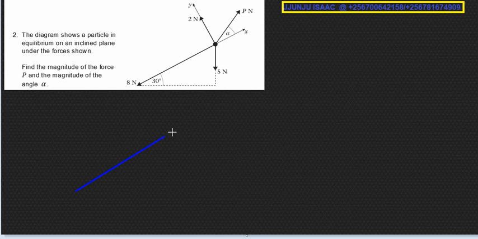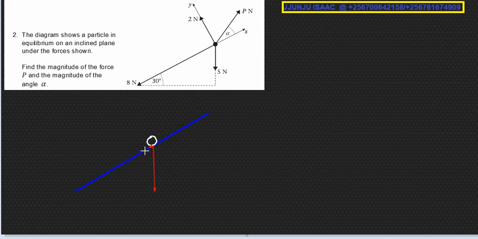So let us see, if this is our plane and this is our particle here. So we do have a 5 Newton force acting downward.